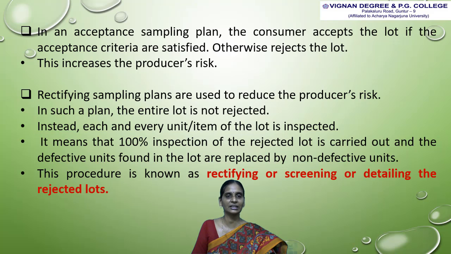This means that 100% inspection of the rejected lot is carried out and the defective units found in the lot are replaced by non-defective units. This procedure is known as rectifying or screening or detailing the rejected lots.